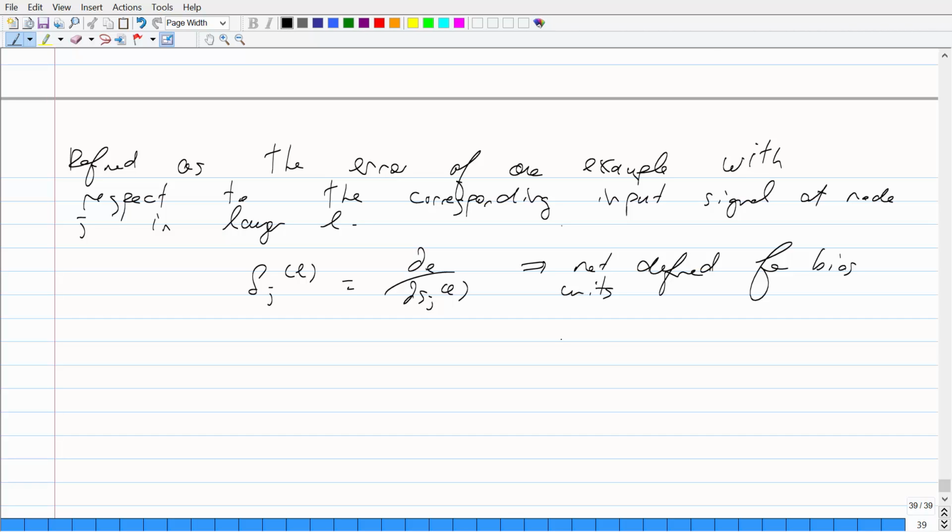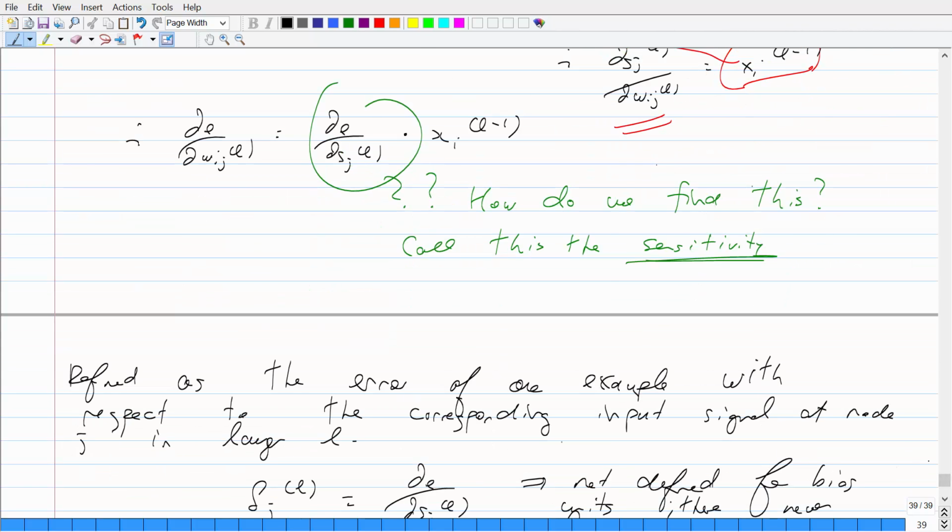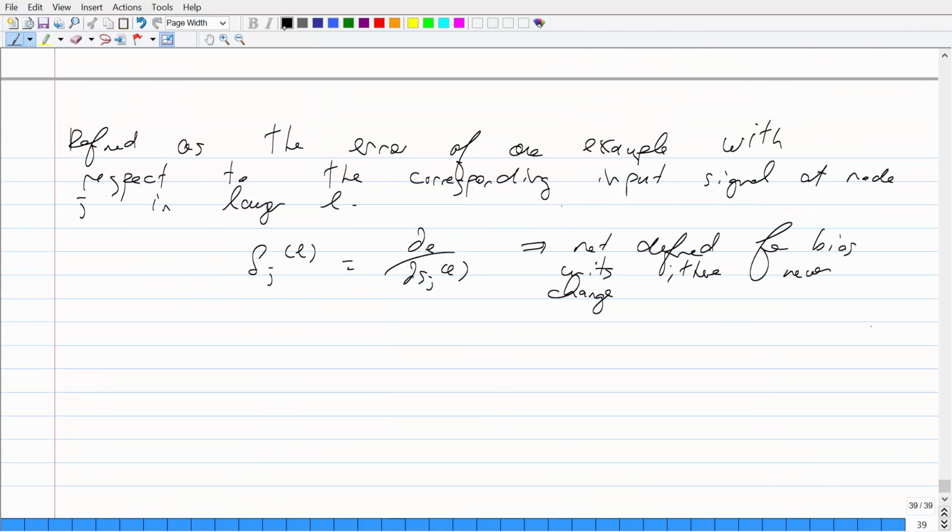Not for bias units because these never change. Because the bias units don't have any inputs, it doesn't make sense to do any sensitivity analysis on them, because there's no way we can directly change them. There are no inputs that we can use. They only give you outputs. So these never change. We define these as the sensitivity, so all we have to do now is compute these, and then we're done.